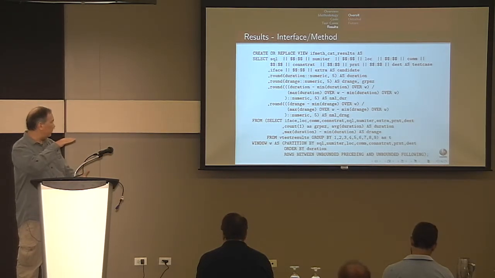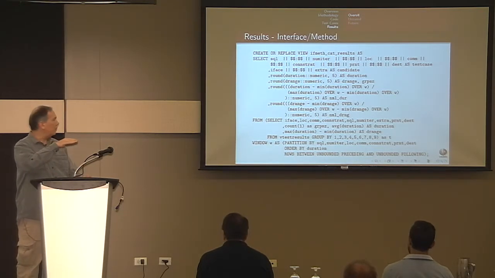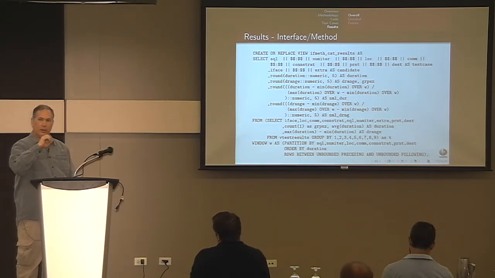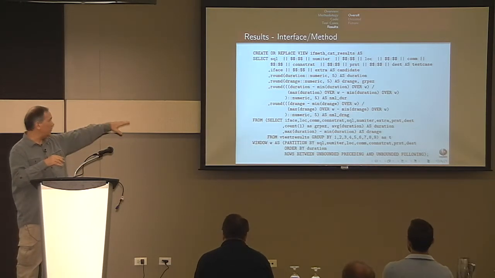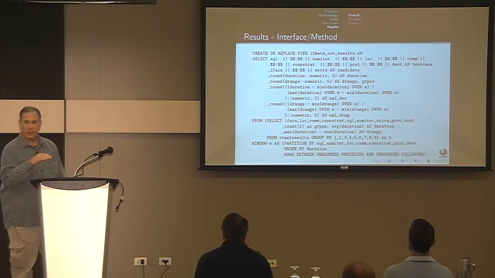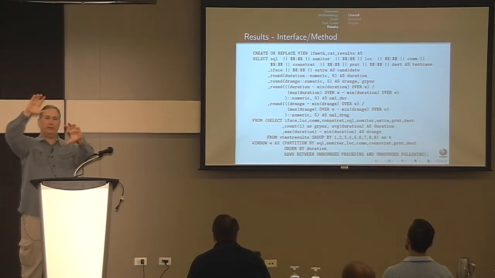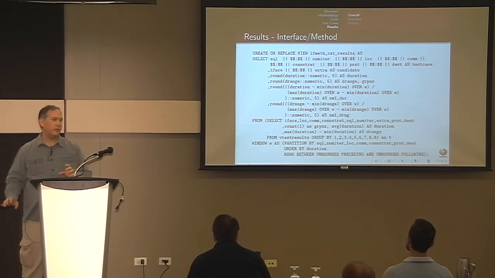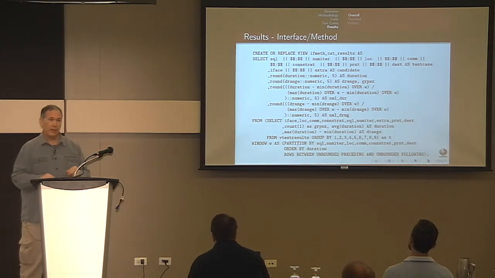Within that group, I end up with a number of rows, and within those rows, I'm going to pick out the difference between the current row and the minimum value in that group, and I'm going to do the same thing for the range. The reason I'm doing that is because with all of these different connections and strategies, you end up with several groupings of times that are orders of magnitude different. If you want to be able to do the analysis across these very divergent groups, you have to standardize the data somehow.